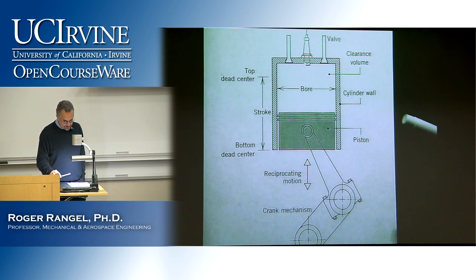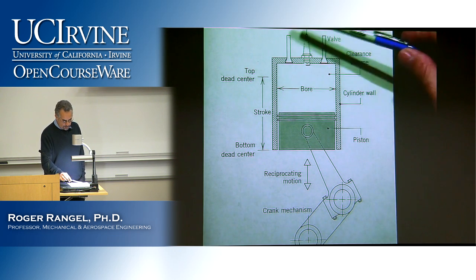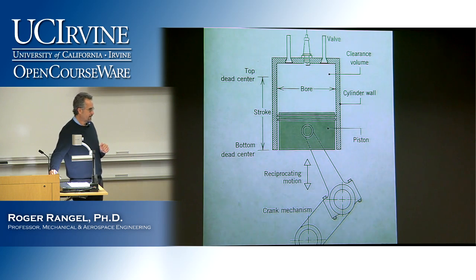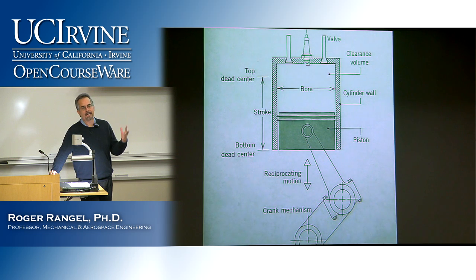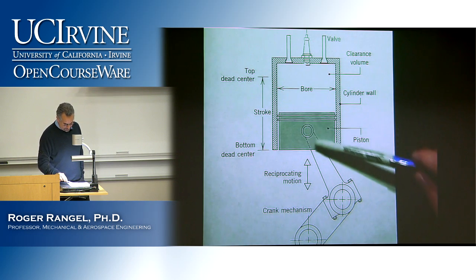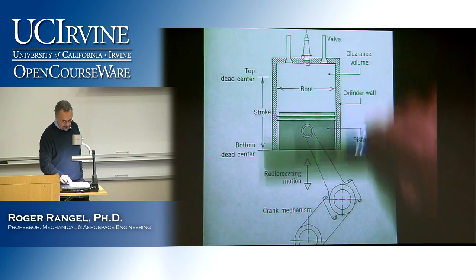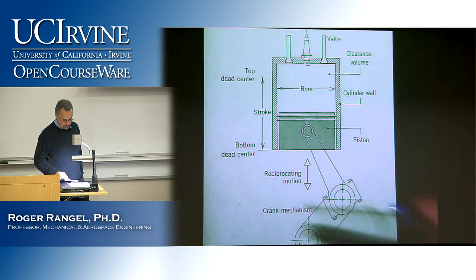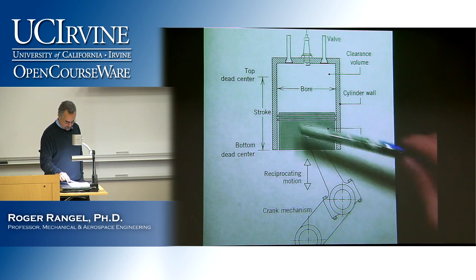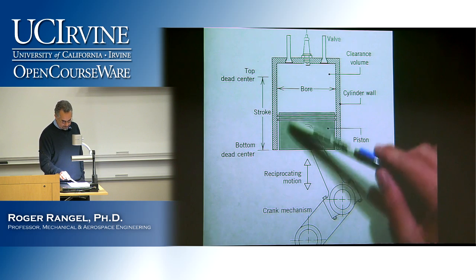So what is happening here? Well, of course, we're putting fuel and air in. There's a spark to light it so that it burns. That high energy then pushes the piston down. The crank mechanism converts that linear displacement into rotation. So of course then we can drive the wheels by rotation.